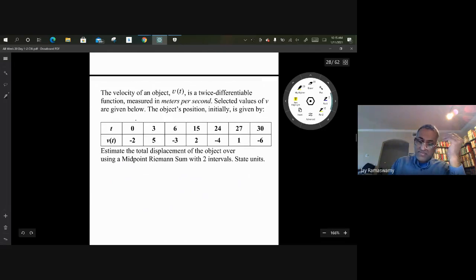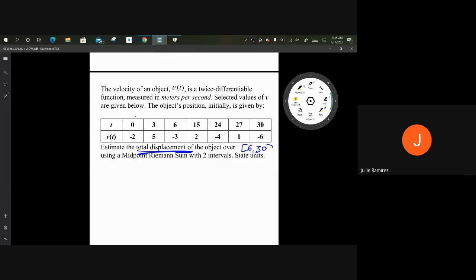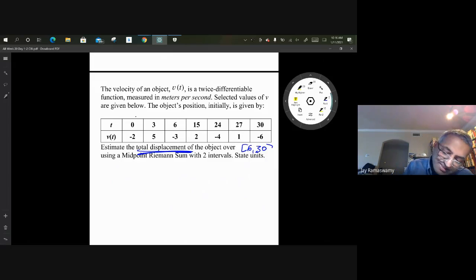Okay, we are on page 28. Guys, this is actually 6 to 30. Write this down. Okay, stay with me, do not fall behind. Let's interpret the question the way it's written.